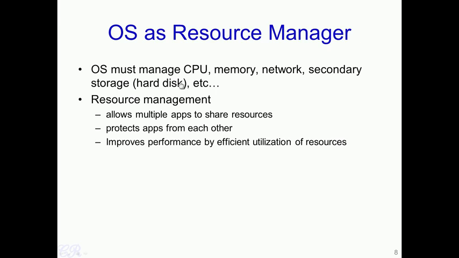So, with the help of the operating system, it would be possible that multiple applications share these limited resources, and also the OS is built in such a way that applications are protected from each other. Essentially, the underlying way the operating system is designed is such that every component in the system is adequately utilized.